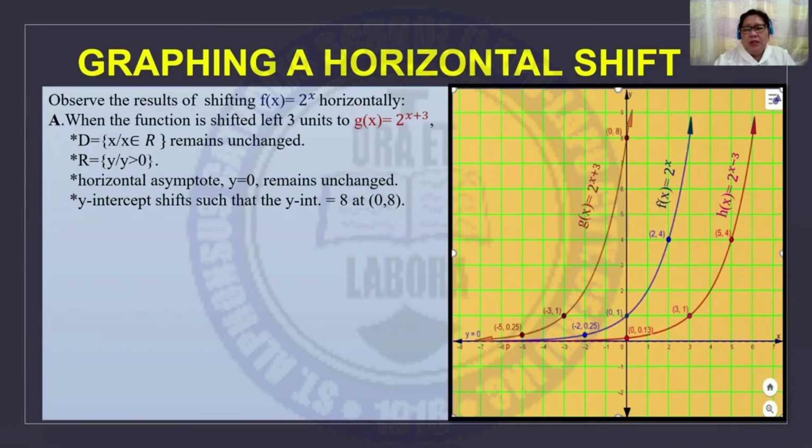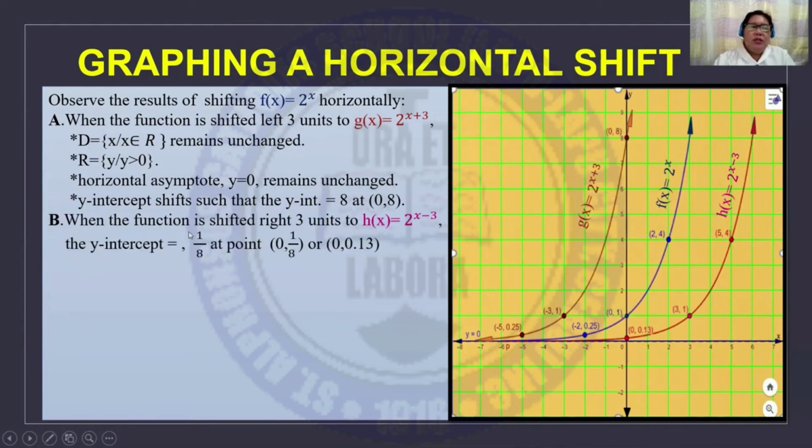Horizontal asymptote y is equal to 0 remains unchanged. The y-intercept shifts such that the y-intercept is equal to 8 at point with coordinate 0, 8. So this is the function. This is now the y-intercept. From 0, 1, we have now 0, 8.